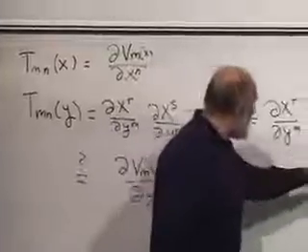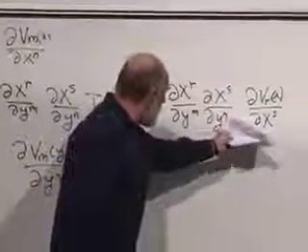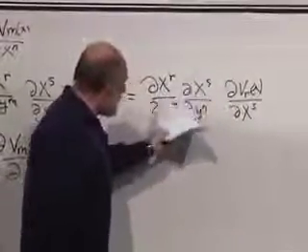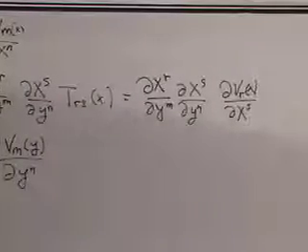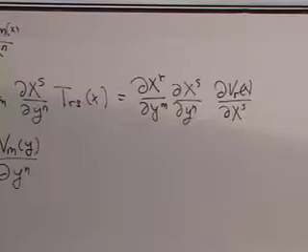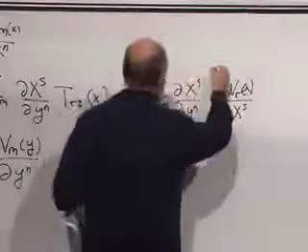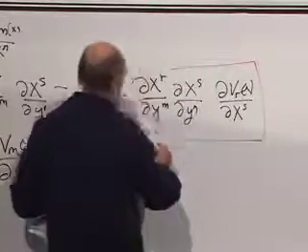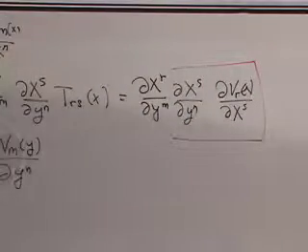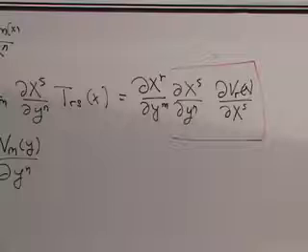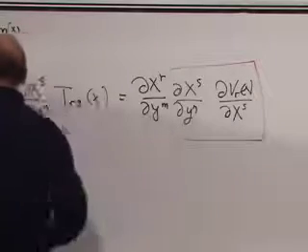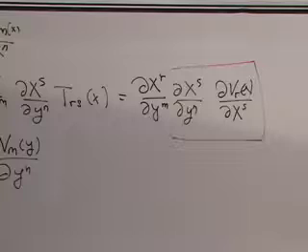What can we do with this? dVr of x by dxs times dxs by dyn. Does that ring a bell? Focus on this piece right over here. That's the chain rule. So what's in the red box, let's put the whole thing over here.